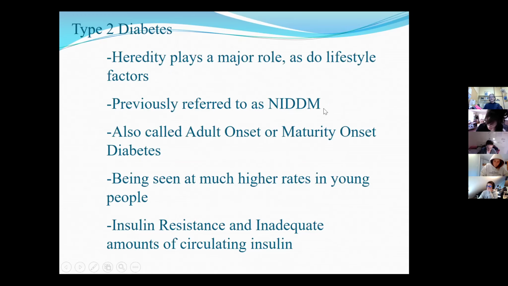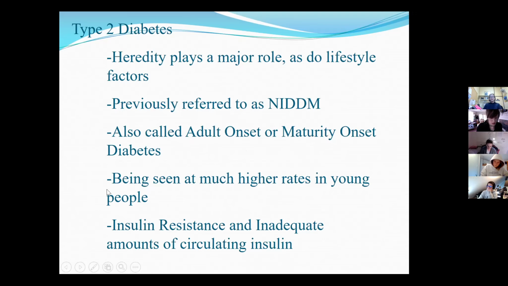But again, a misnomer, because a reasonable percentage of type 2 diabetics require insulin. So that's just wrong. It also has been called adult onset or maturity onset diabetes, but that's incorrect because we're seeing diabetes at higher rates. It was almost unheard of in very young people, but it is now seen in young people.